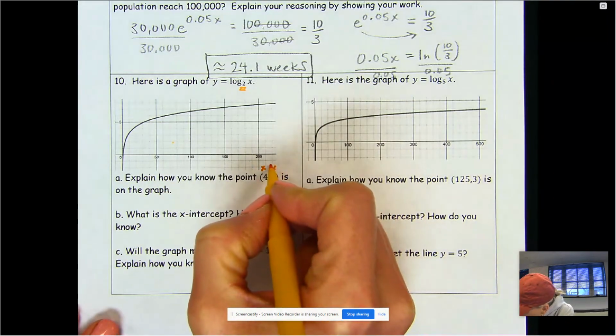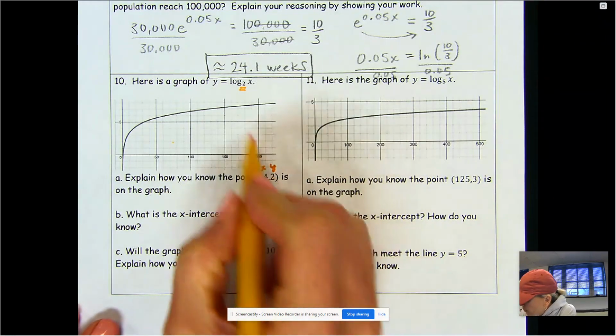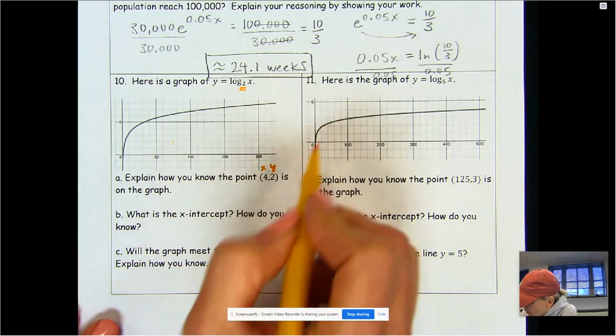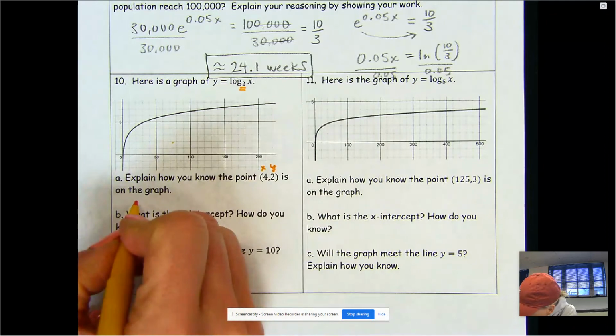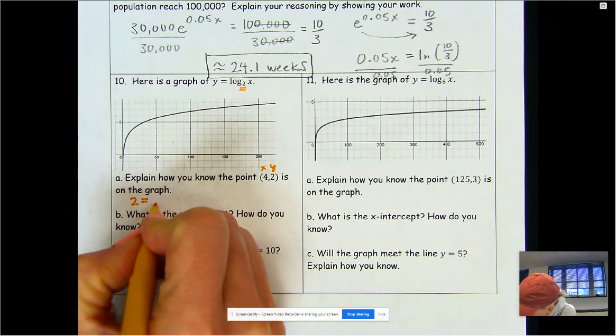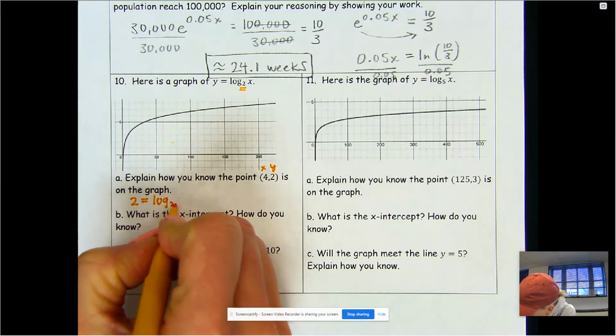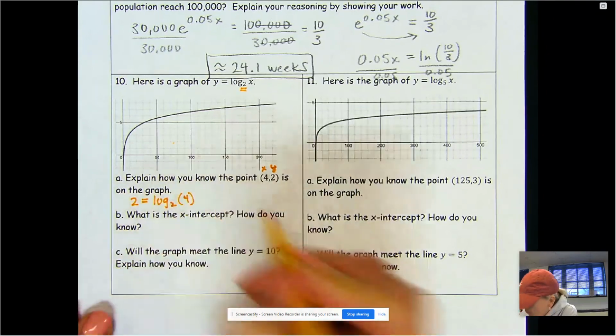So I put them in the place of x and y in the equation. Is this a true statement? Does 2 equal the log base 2 of 4?